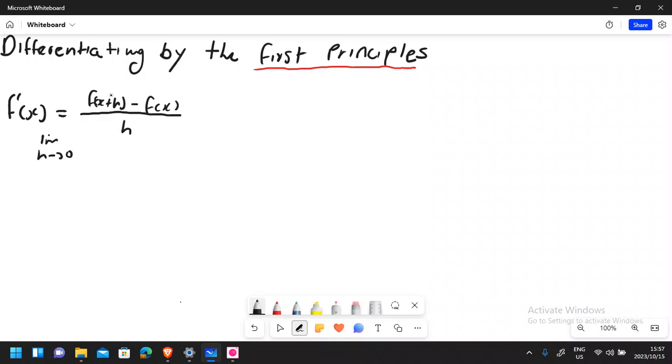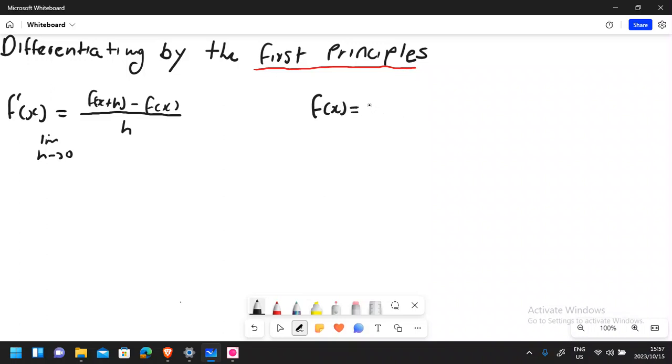So when they say to you differentiate by the first principle, they are expecting you to use this formula to differentiate. All right, so how does it work? How exactly do we differentiate by the first principle? Here's what we do. You'll be given a function which is going to be f of x.